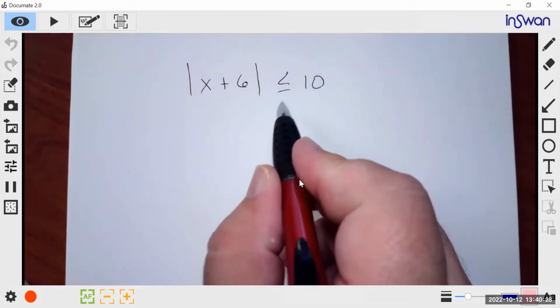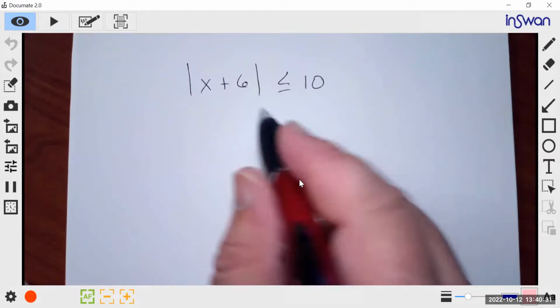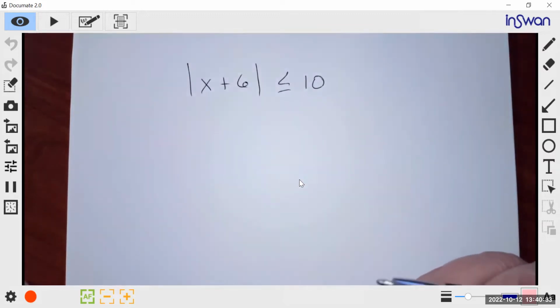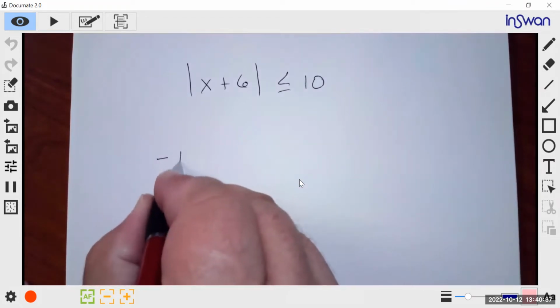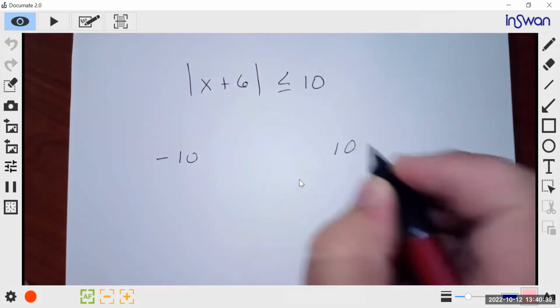Since it's less than or equal to, I'm going to drop the absolute value, what happens? Positive negative 10. Yeah, it has to be between positive and negative 10.